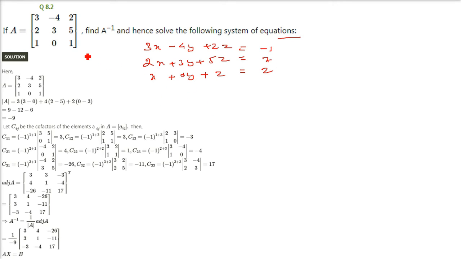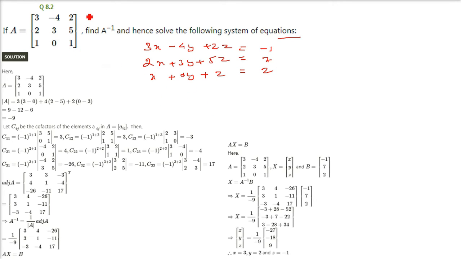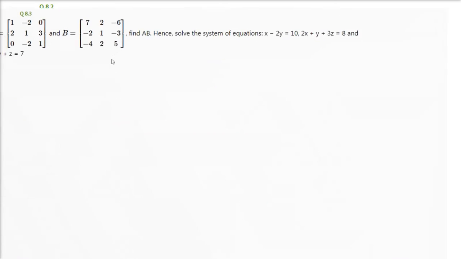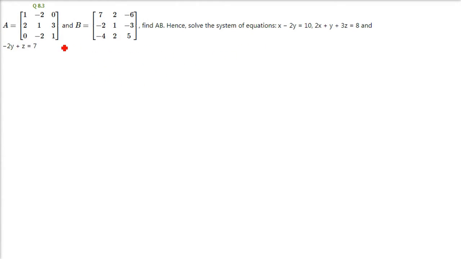So what you have to do is find the inverse, and multiply this inverse with this -1, 7, 2, which is B, and you'll get X, Y, and Z. So A and B, same thing you have to do.